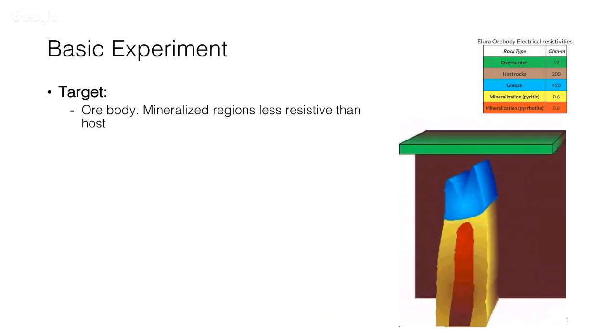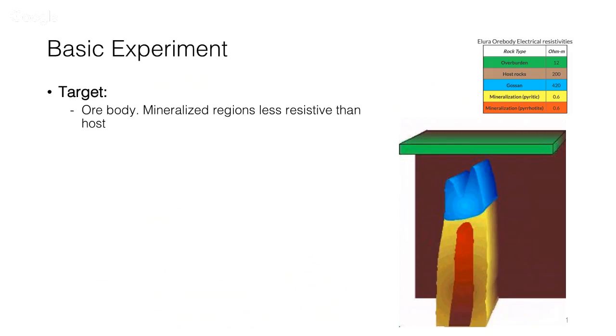The basic resistivity experiment is as follows. Let's suppose that we've got this, which was actually something that emulated a mineral deposit. It's got an overburden that's 12 ohm meters.